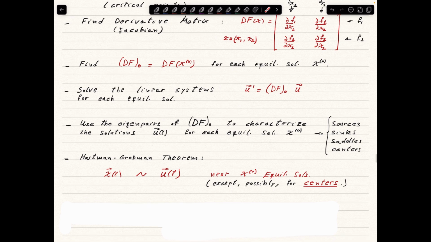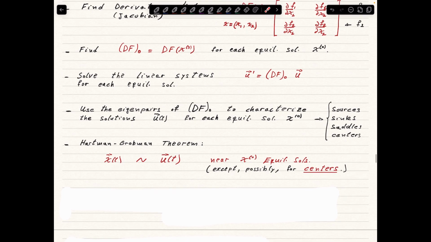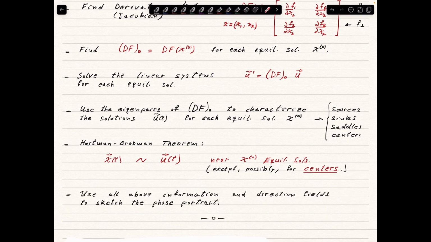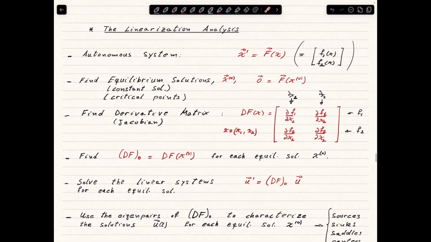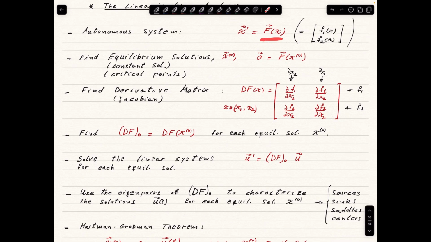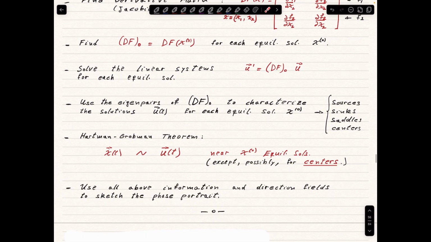So once we know that, we use all that information, we use all the above, and then we need to add some more information that usually comes from the direction field that is defined by the right hand side of the equation. We put all that together and some information from the direction fields to sketch the phase portrait of the solution of the nonlinear system.